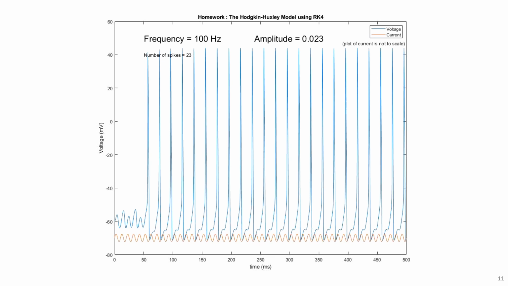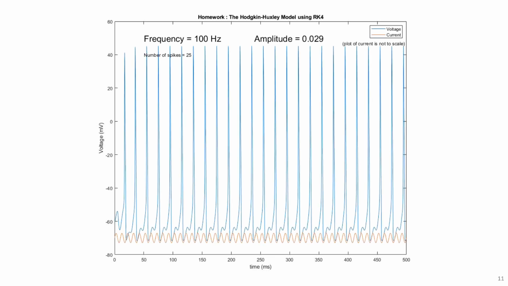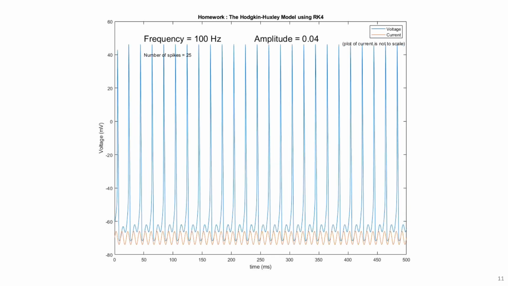So a little higher amplitude got the spikes going, and we don't have one spike per peak in the current because the neurons don't have enough time to settle and fire again. So they fire at one of the current peaks, then they try to, but they aren't quite able to fire on the second peak.